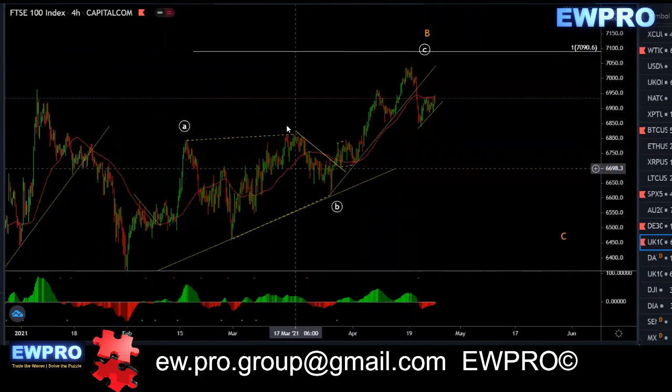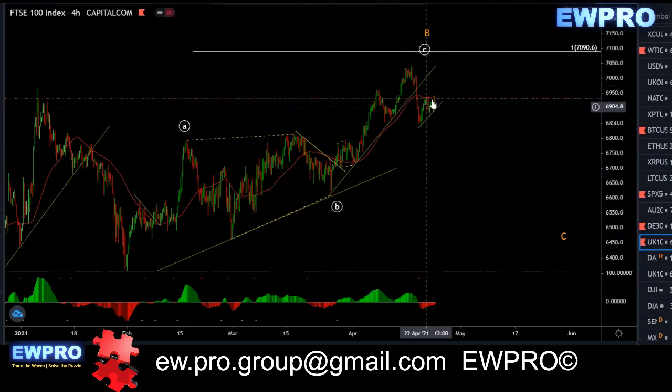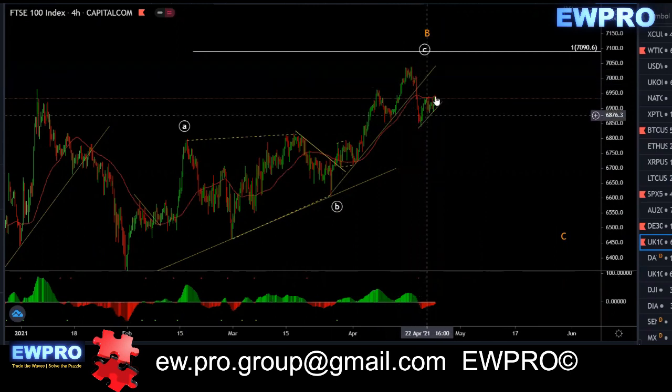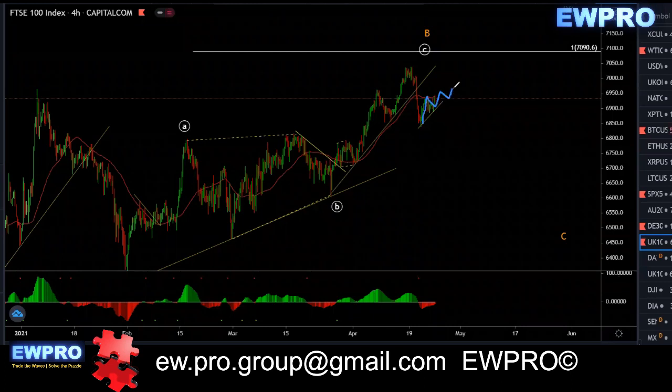Once we identified that, this was your target, that 100 fib. If you're not out, you'd be wanting to get out on this correction here. You'd be looking to get out of that buy in this correction here, because we didn't hit that 100 fib.